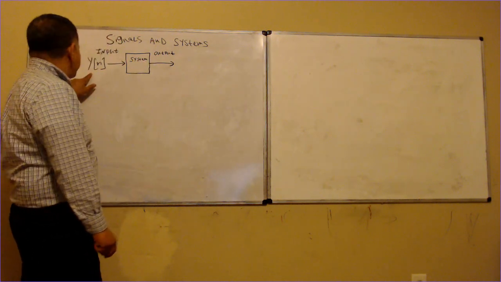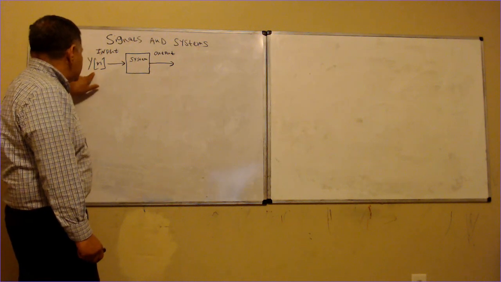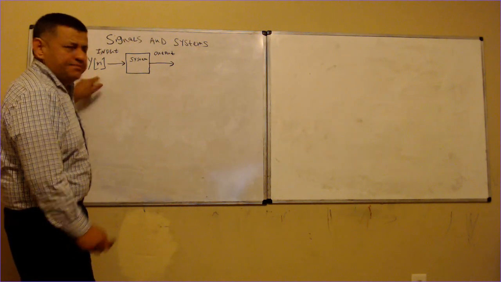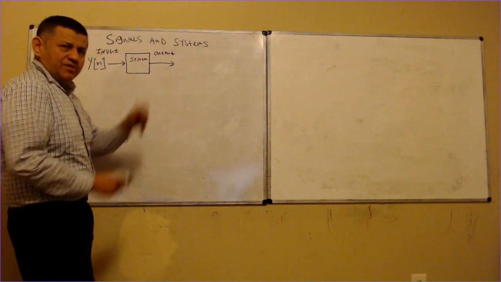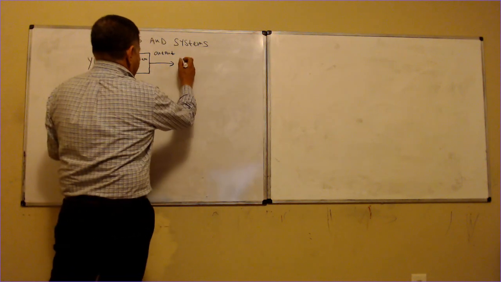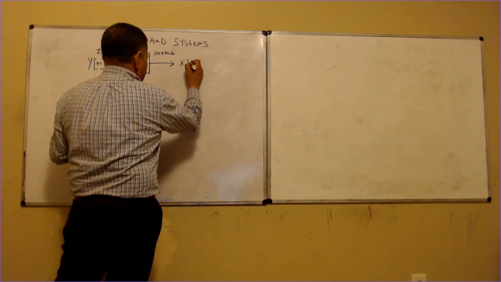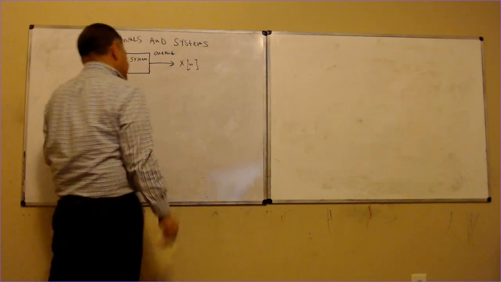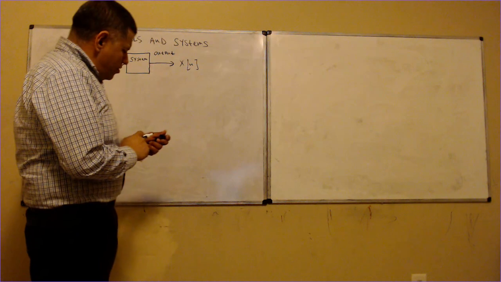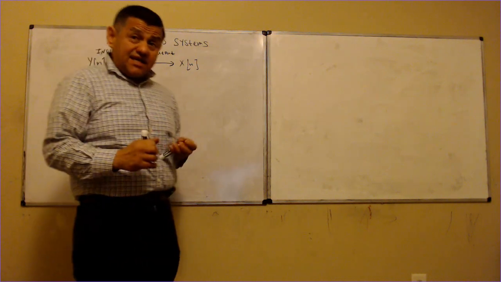Obviously, if I have y of n over here as an input, over here I'm going to have something else called x of n.